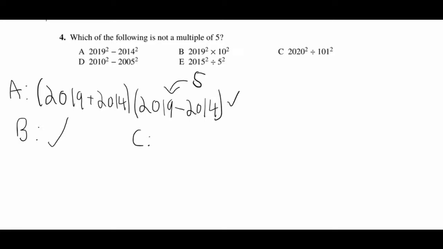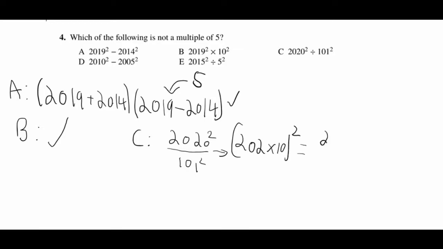So C. Well, so we want to work out 2020 squared divided by 101 squared. Well, 2020 squared can be rewritten as 202 times 10 squared, which is the same as 202 squared times 10 squared divided by 101 squared.